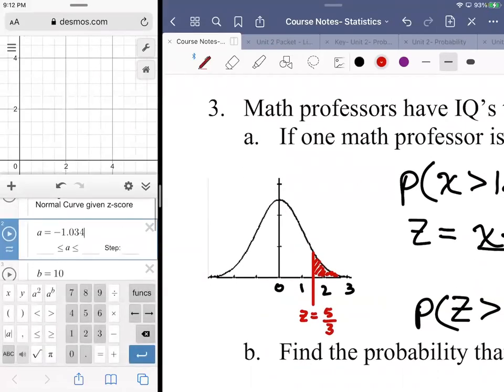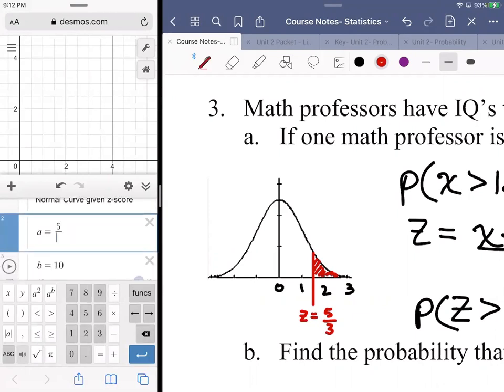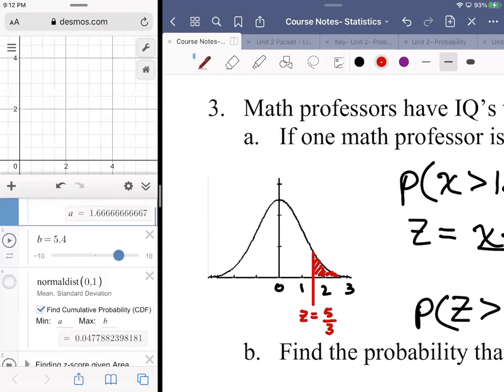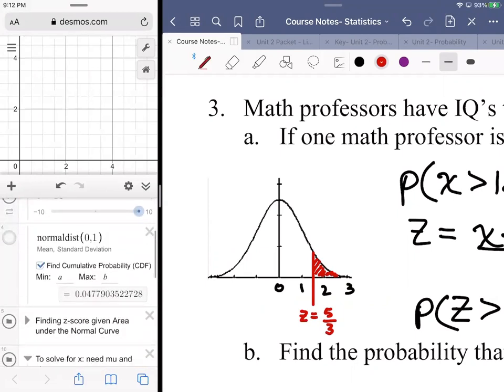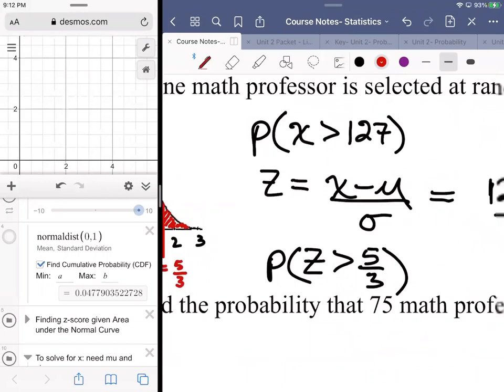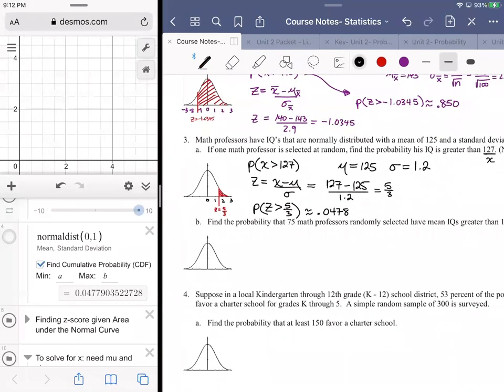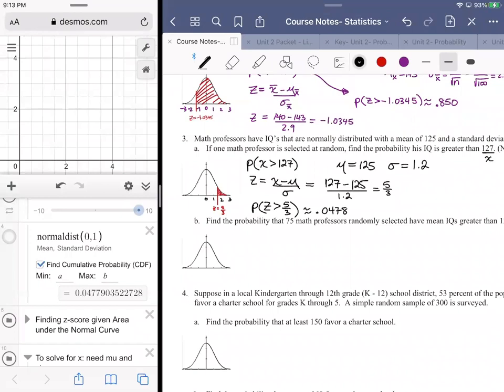So the cutoff on the low side would be 5/3, and on the high side, something big. We get 0.0478. So we have a probability value that's less than 5%. So it's pretty unusual is what I meant to say.